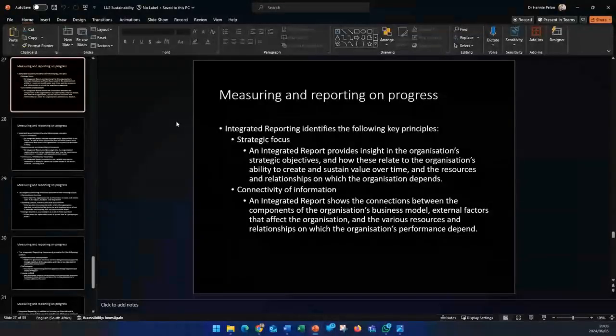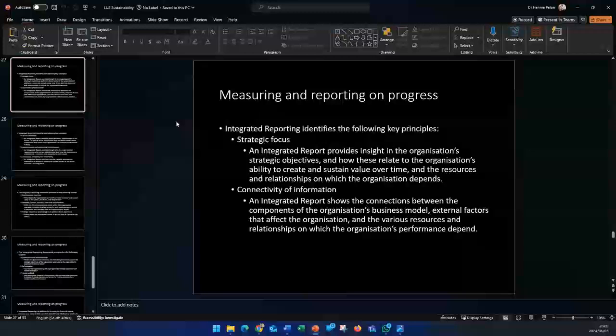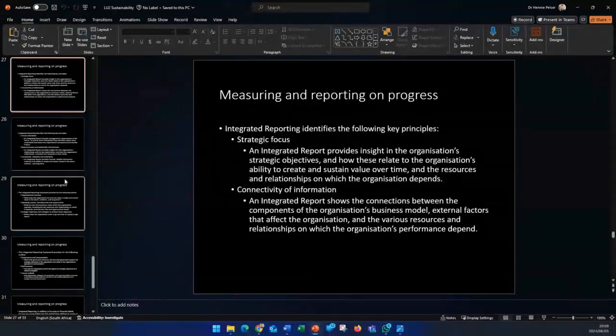You can add those kinds of things in here, guys. We will find marks when you write that as part of this particular learning unit. And then connecting in terms of the models, the external factors, realizing that you're part of a bigger picture and that you have to cater for all your stakeholders.